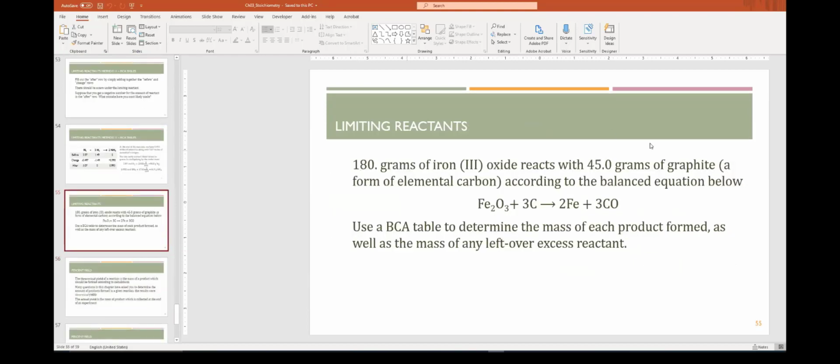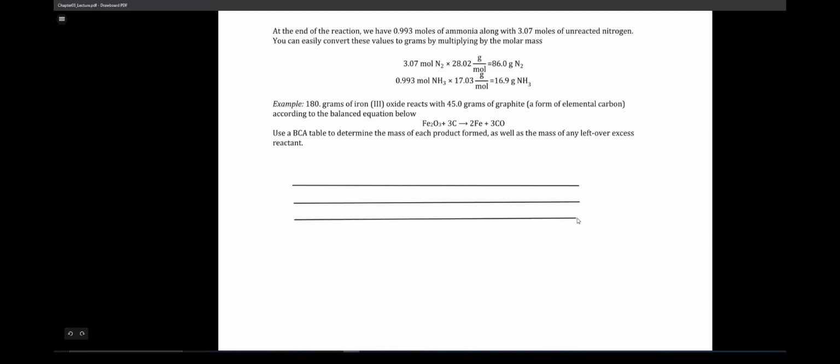Okay, so let's do a BCA table for this problem, page number 312. I'm going to leave myself some space to do some work. Before I can do anything, I'll need the atomic masses and the molar masses of everything.